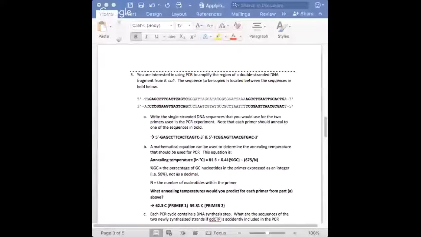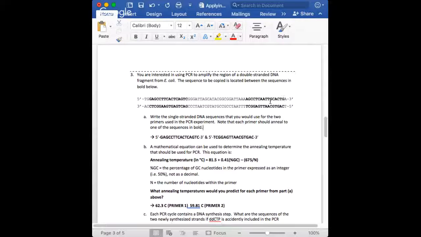Here, hold on, let me share the screen with that stuff on it. Here it is. Okay. So we're looking at the 3' ends right here, not the whole thing, just here, and then just here.